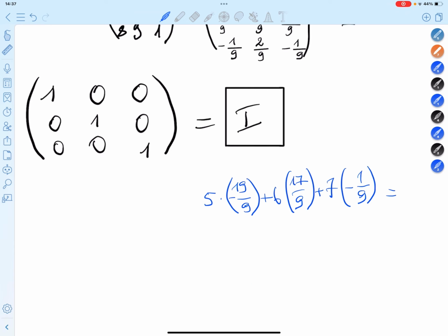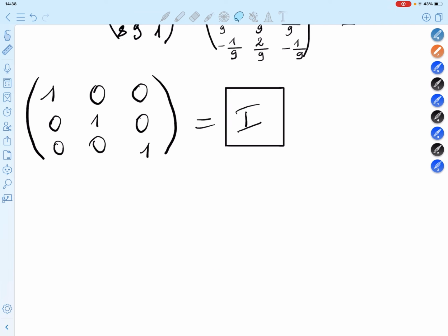That would give me minus 95 over 9, then plus 102 over 9, then minus 7 over 9. We can see that 95 plus 7 would give me 102. So negative 102 plus 102 would give me 0. So this one is correct as well.